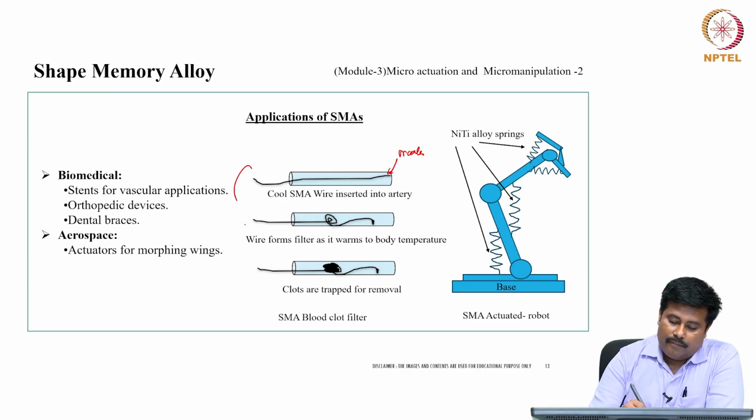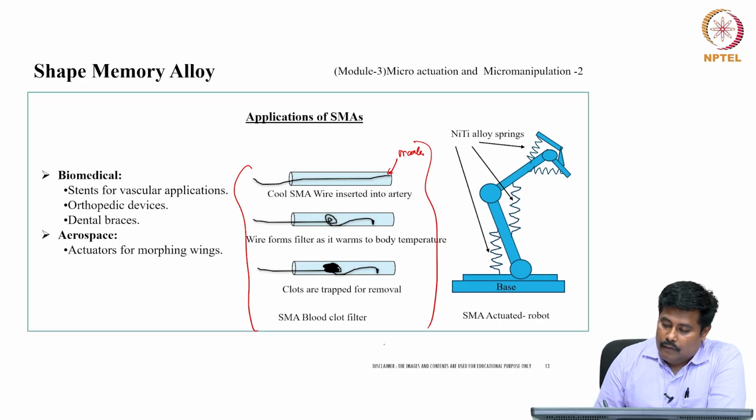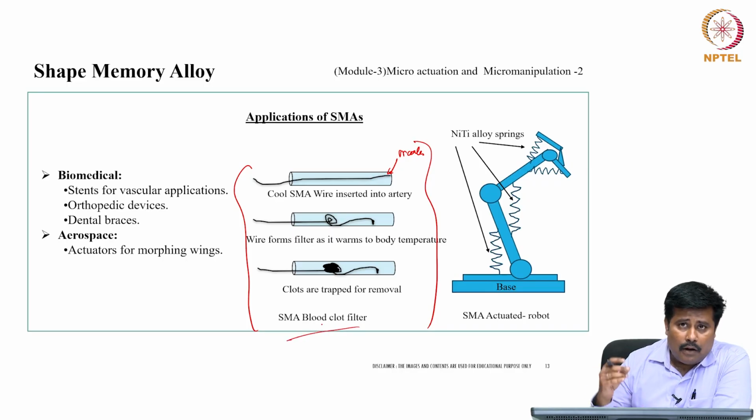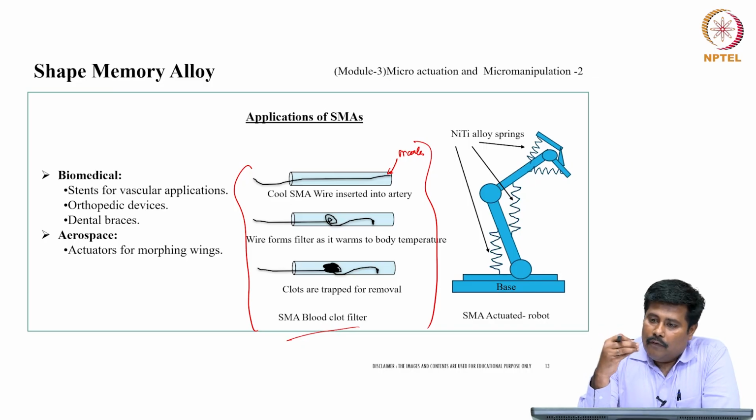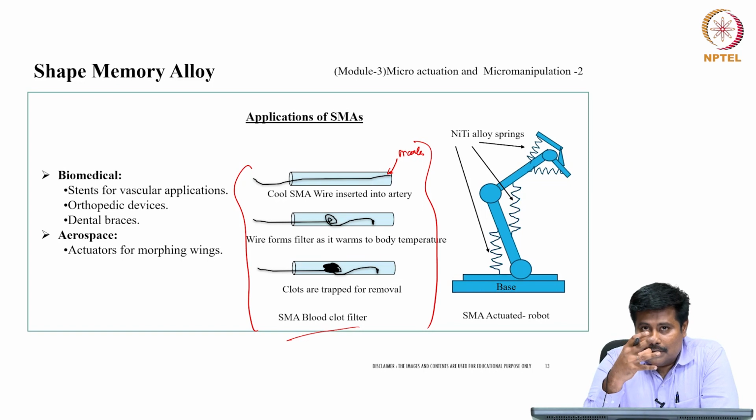So this is a mechanism which is being deployed for removing clots using SMA based structures. In fact, almost similar technology is deployed for inserting an SMA based stent, and when we actuate it, this stent gets enlarged and appropriately it can be used.